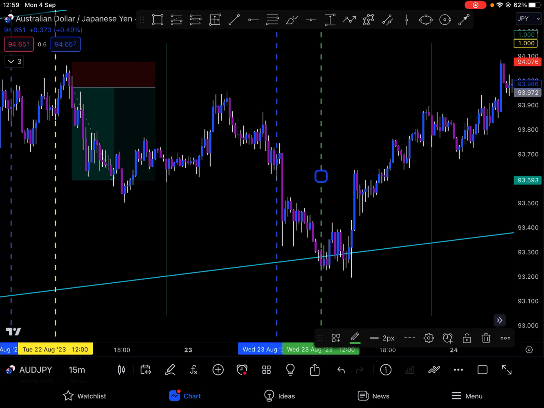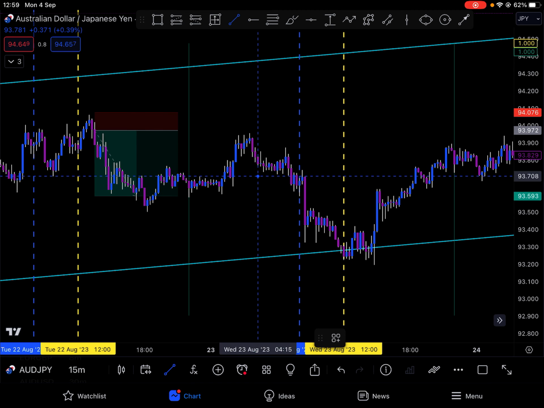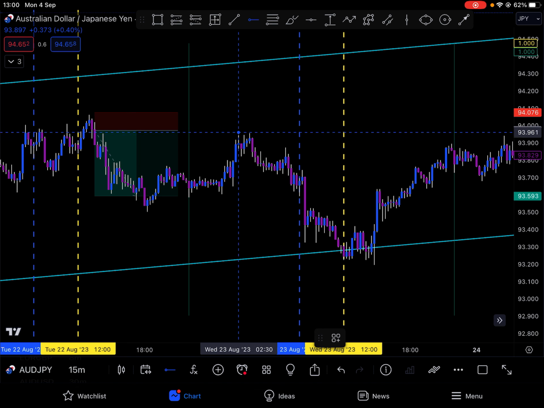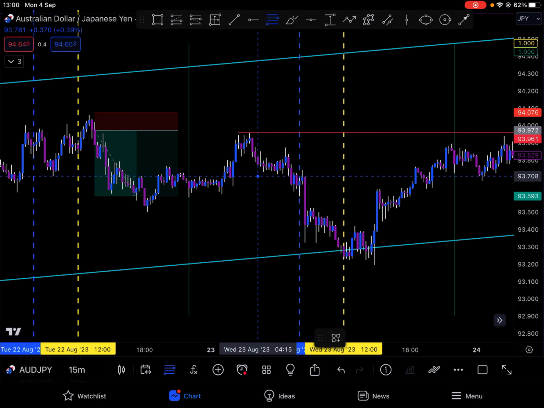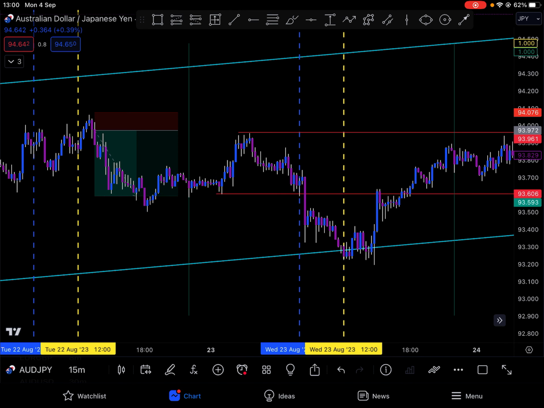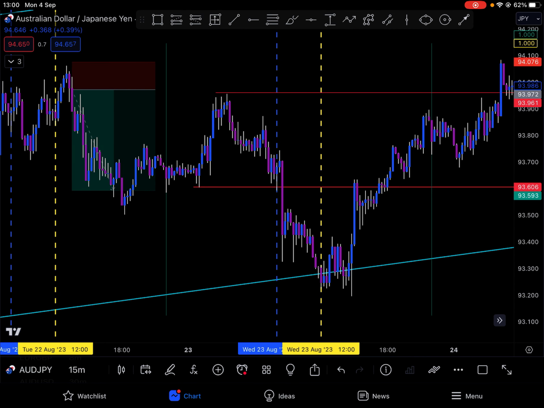Yellow. Then all you need to do is mark out your Asian highs right here, Asian lows as well right there, and all you need to do is wait.